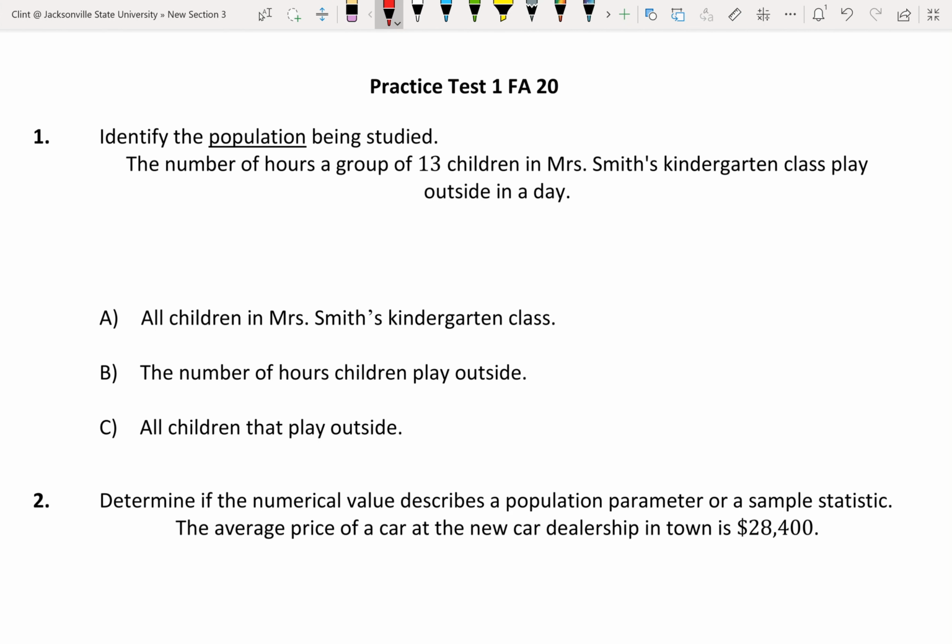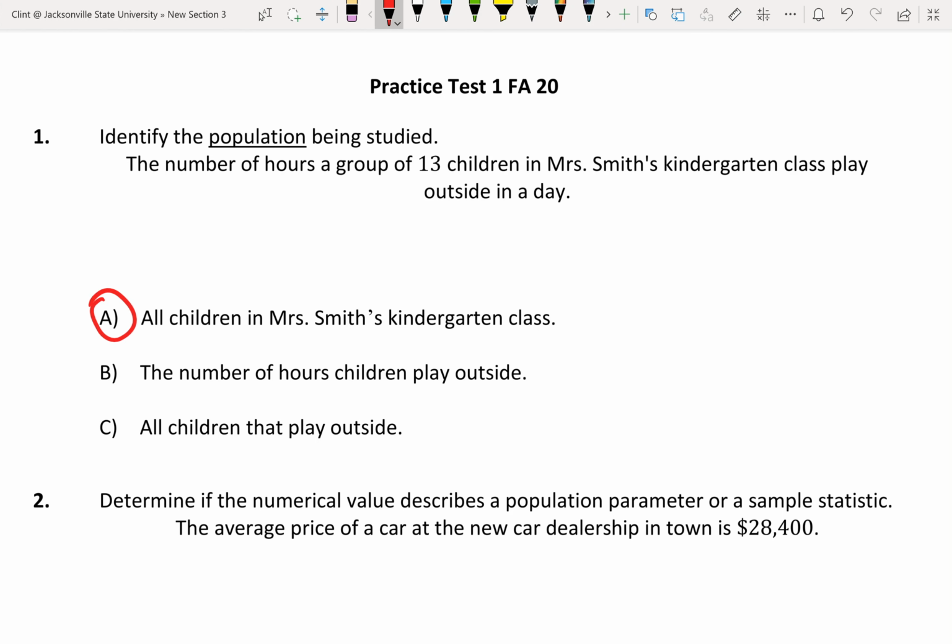This one says, identify the population being studied, and we're given the number of hours a group of 13 children in Mrs. Smith's kindergarten class play outside in a day. Okay. So the population is the whole group that we want to know about. So we're looking at 13 of the children in Mrs. Smith's kindergarten class, but what's the whole group we're studying here? We're looking at the whole big group, the whole population.